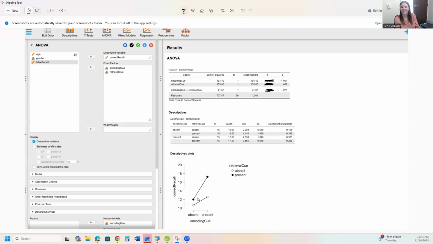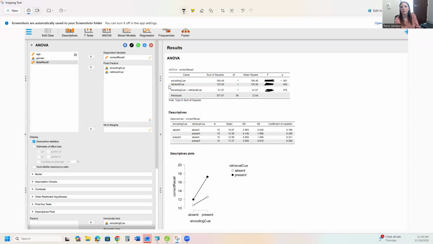Let me read this one. I can understand why y'all are struggling. These little dots mean so much. So it looks like here, this dot, we have the retrieval cue present at encoding. And then that was the next one.